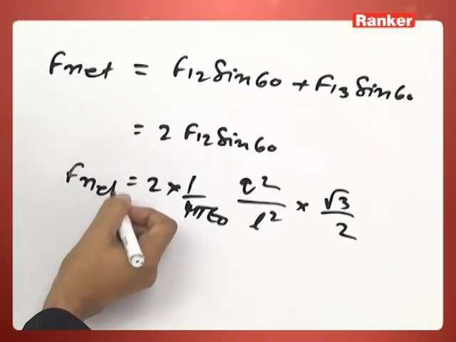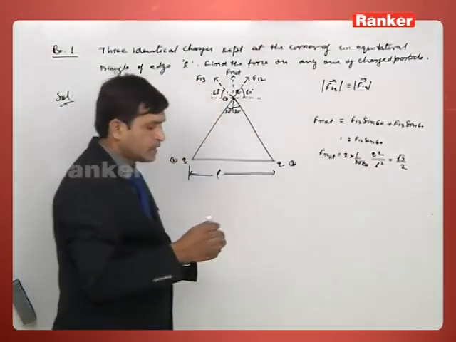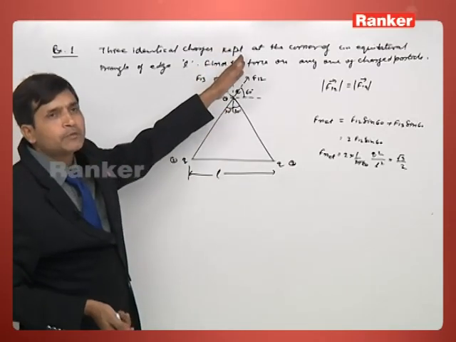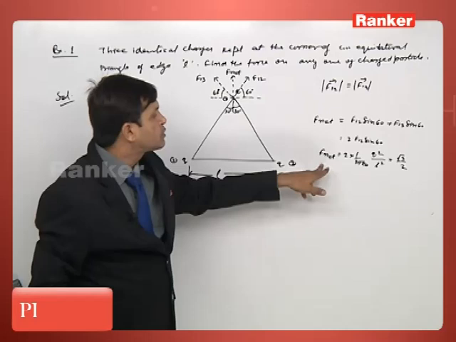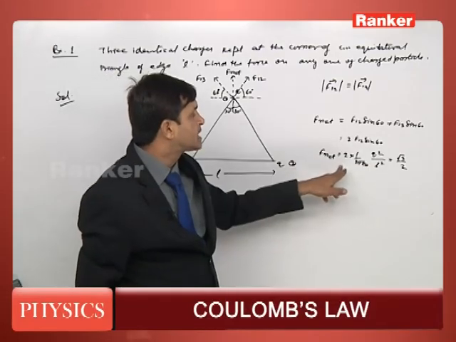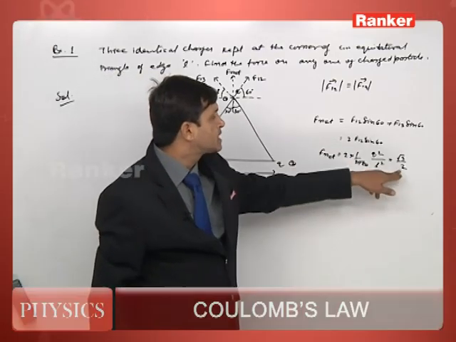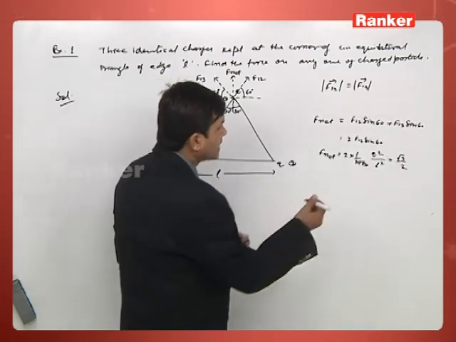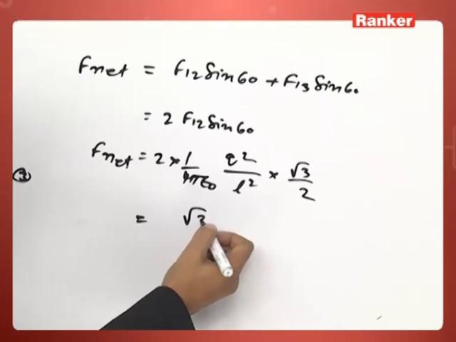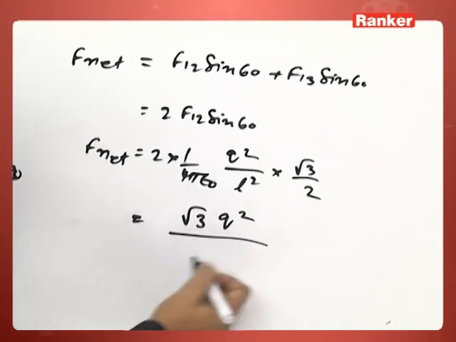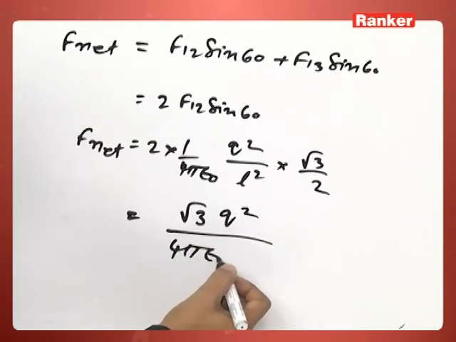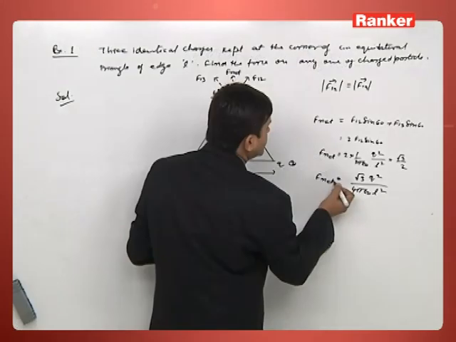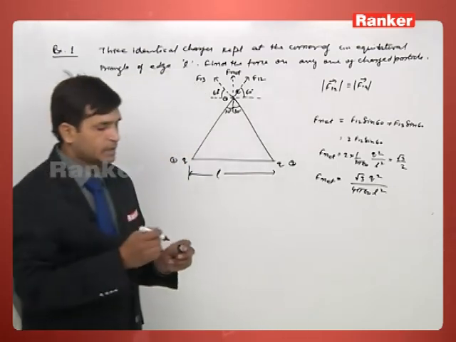In this manner, the resultant force on charge q acts vertically upward. The 2 and 2 cancel, so it becomes root 3 times q square by 4 pi epsilon naught L square. This is the net force on charge q.